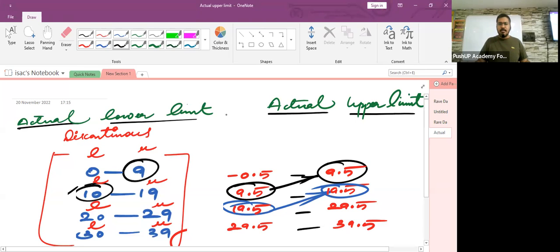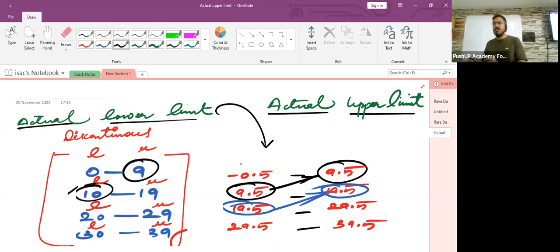These two terms will be used only when a discontinuous class interval is converted into a continuous class interval.